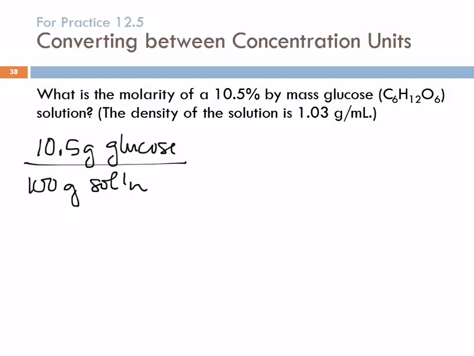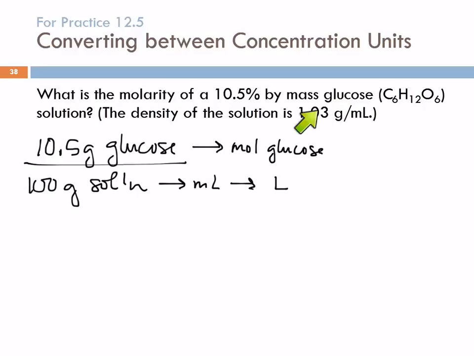I want moles per liter. I'm going to have to convert both of these units. I need to convert grams to moles of glucose, and I need to convert grams of solution to milliliters and then liters of solution.